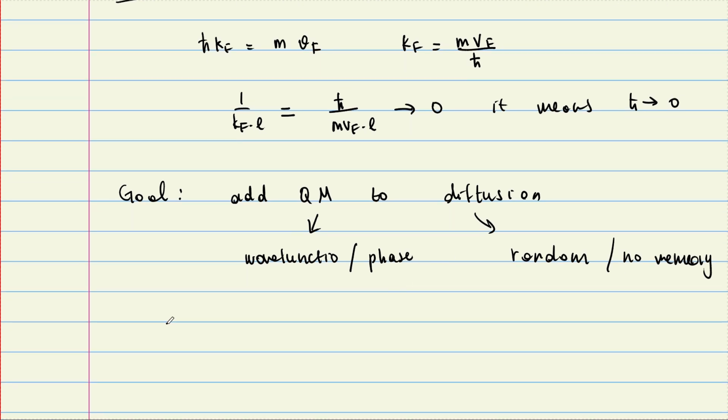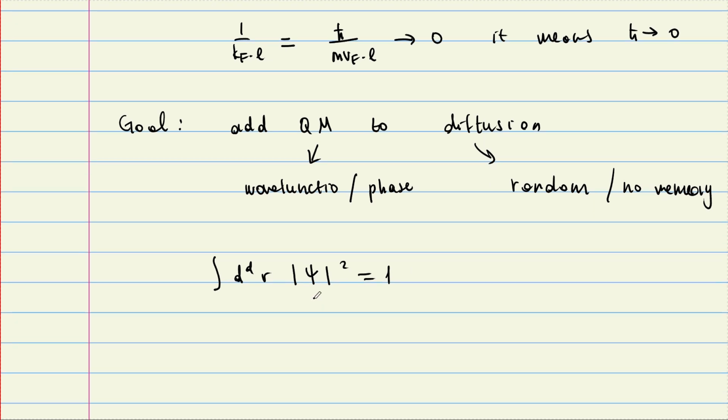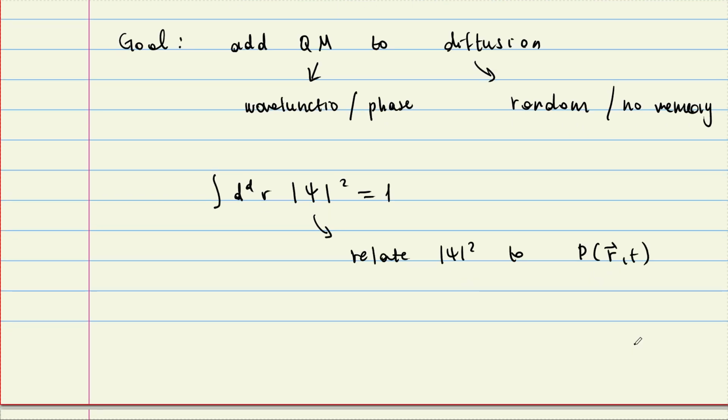And to make the connection, I will start with a wave function, where the integral of d^d r times psi squared is equal to 1. So this is a probability amplitude, and we are going to pursue a strategy to relate psi squared to P(r,t), the diffusion we found last week.